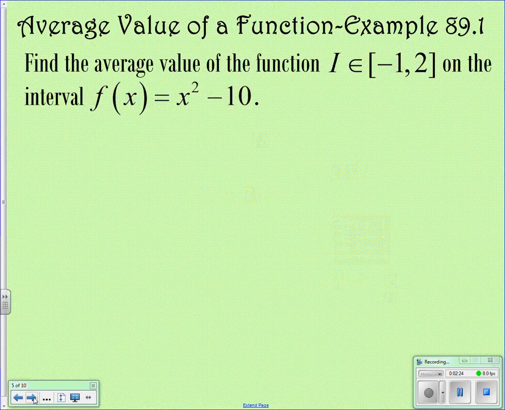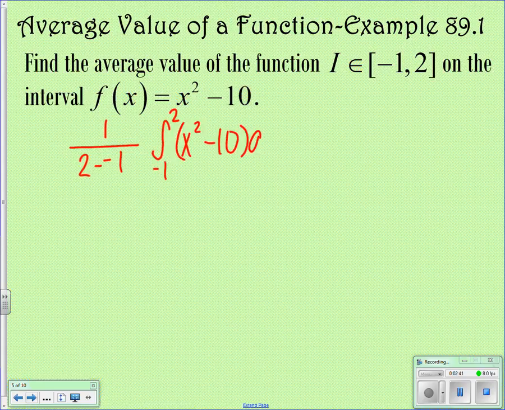So we want to find the average value of the function x squared minus 10 on the interval from -1 to 2. So we're going to say 1 over 2 minus -1, and we're integrating from -1 to 2 of x squared minus 10 dx. And so now we're just going to integrate that.